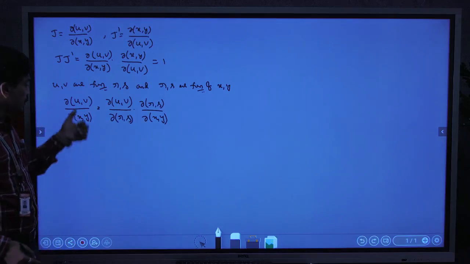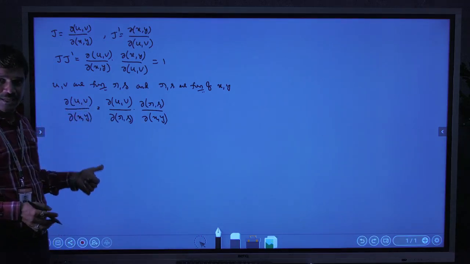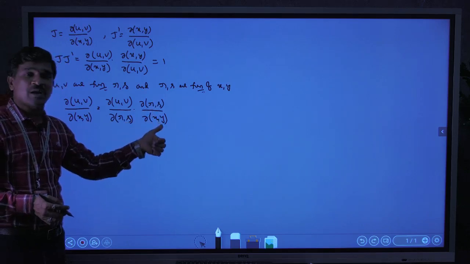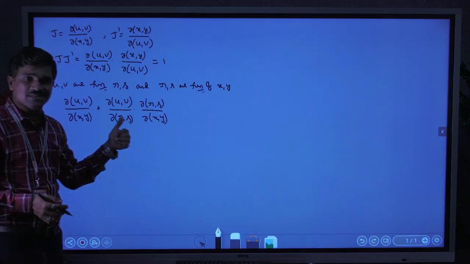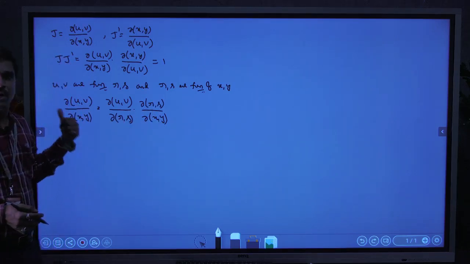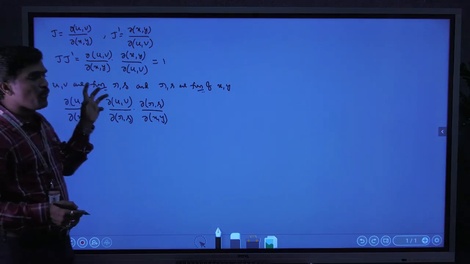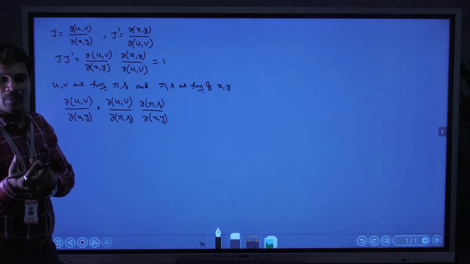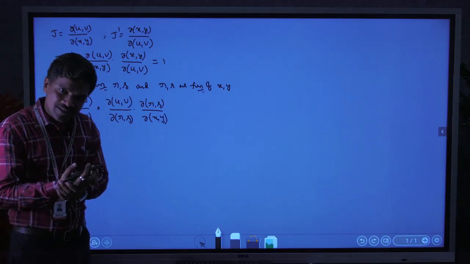So to calculate dou uv by dou xy, we write dou uv by dou rs into dou rs by dou xy. Now this product is equal to dou uv by dou xy. So these two properties are most important for solving problems in Jacobian, right?